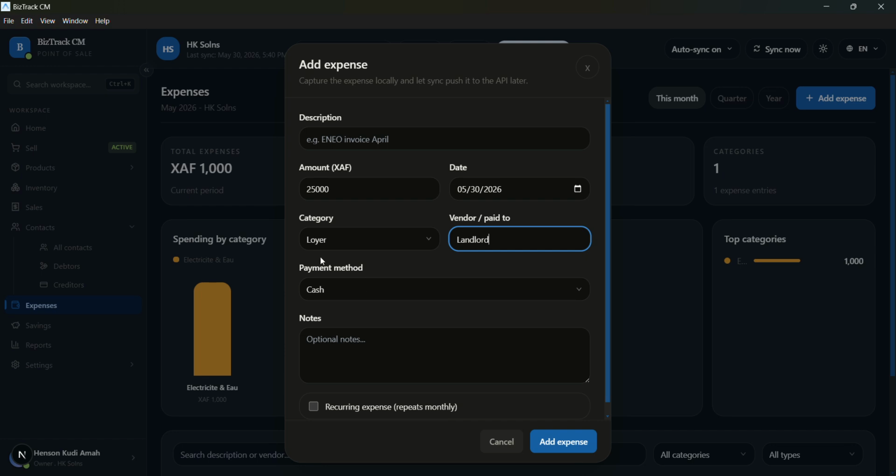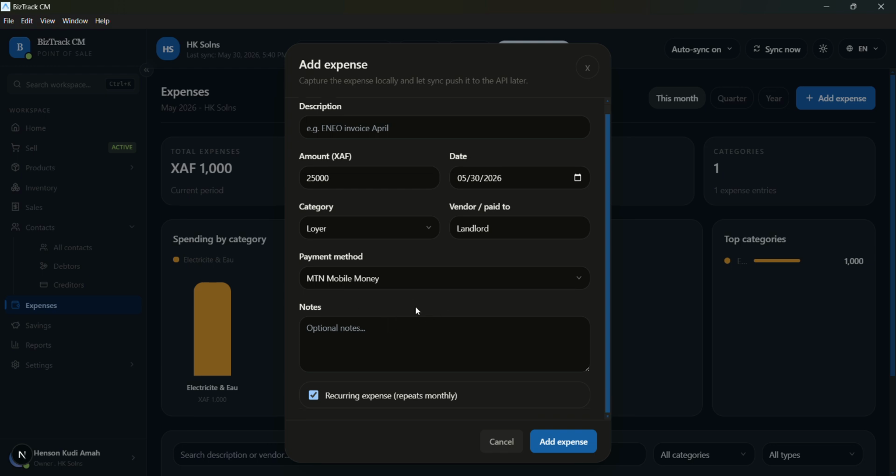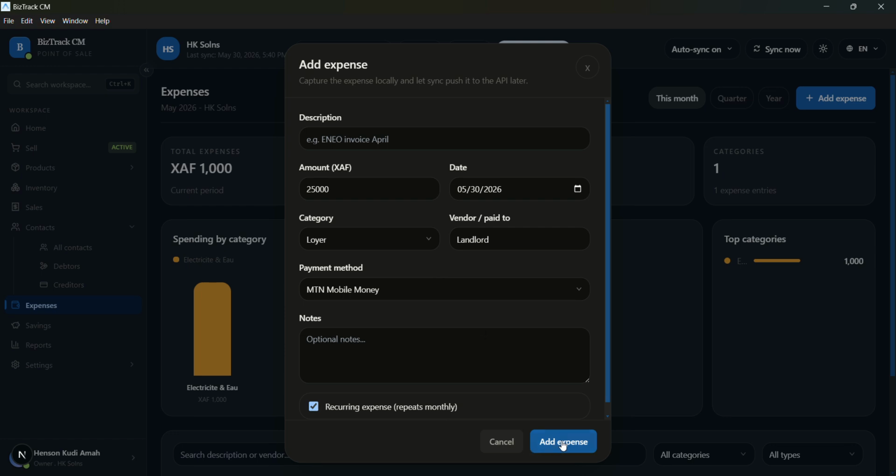It can be a client though, but in this case it's not a contact or something like that, because they are not directly related to our goods and services. And method of payment, let's say we paid by mobile money, and it's a recurring expense. Because we are renting, we pay rent every month, we add the expense.